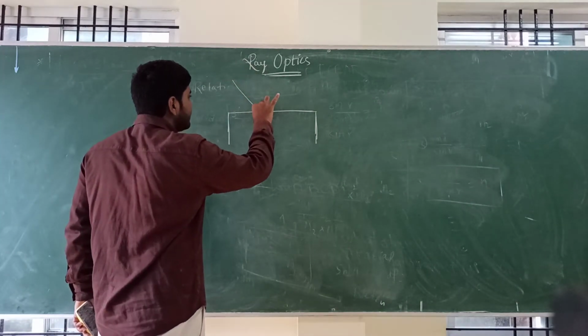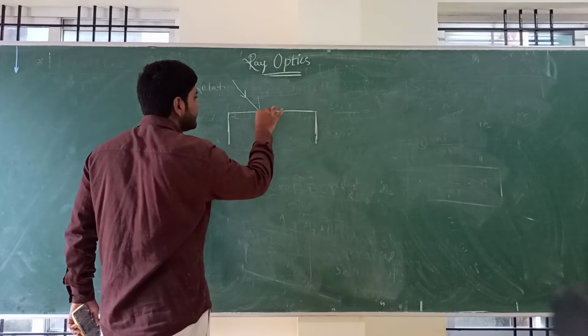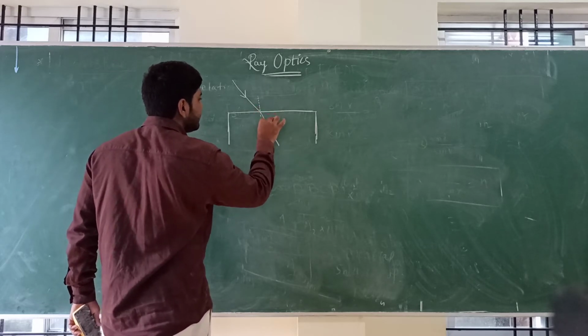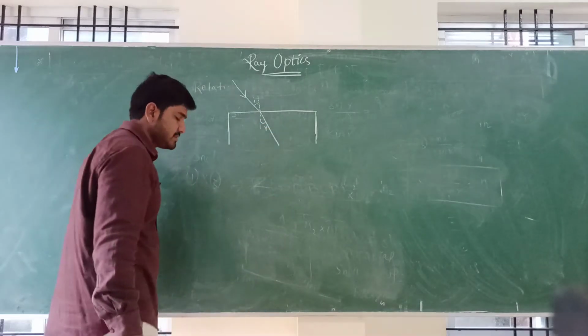Now the ray is here, this is the incident ray, this is the normal, and this is the refracted ray. This is the angle of incidence, this is the angle of refraction.